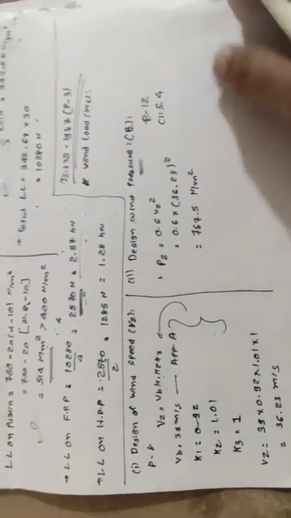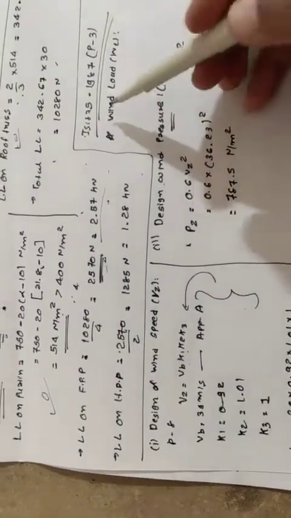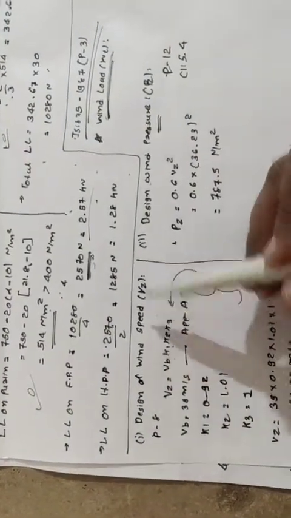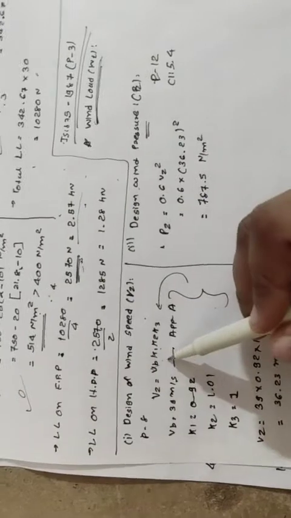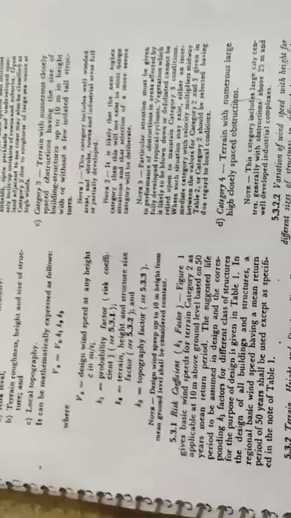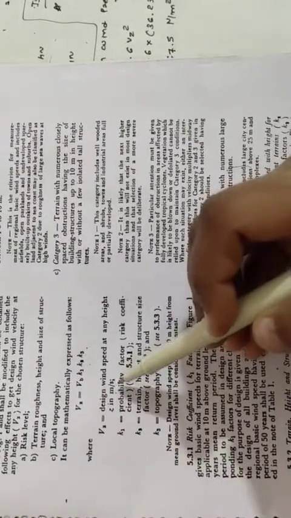Alright, so basically today we learned about the design of wind load, how to find the design wind speed and design wind pressure. The equation of the design wind speed is Vz equal to Vb, K1, K2, K3, which is given in IS 875 part 3, 1987, and the equation is given on page number 8. Here Vz is equal to design wind speed, right?